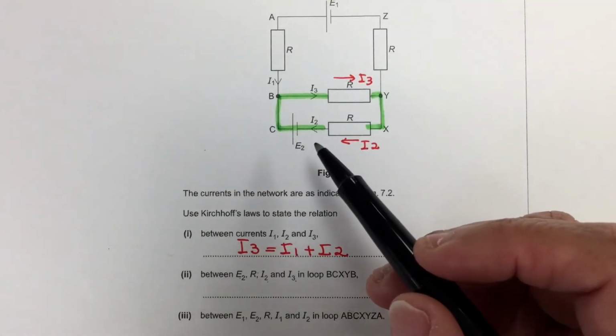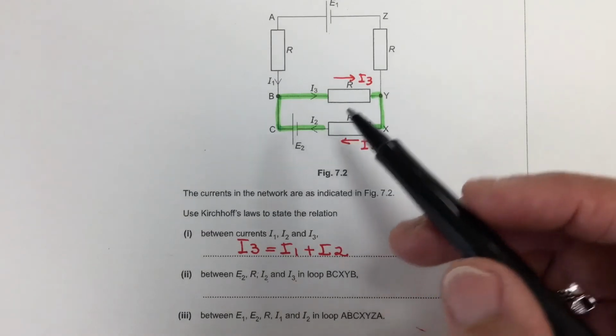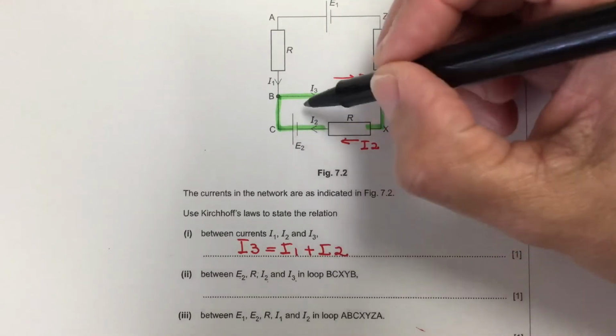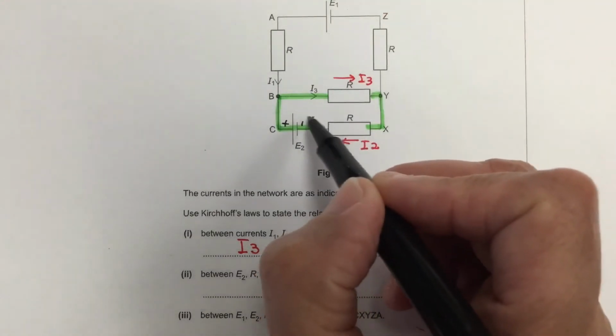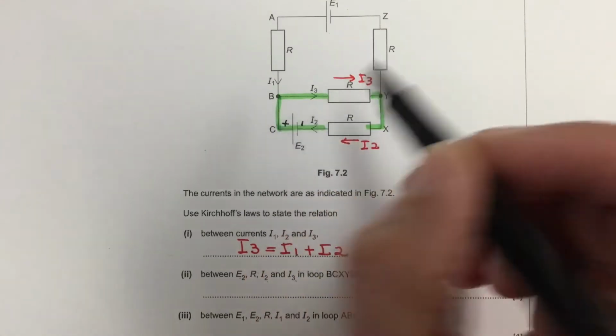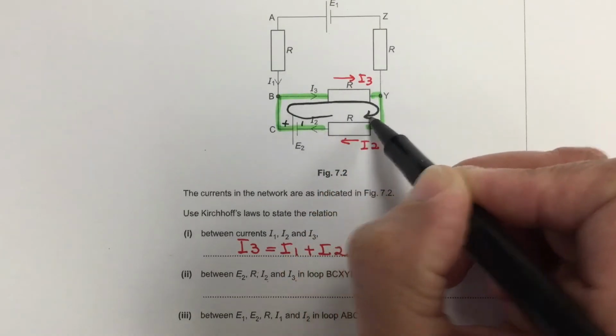Before applying Kirchhoff's second law, we need to determine the path of our loop. In this case, we have this battery to guide us. This is minus, this is plus. So my loop is going from the negative side of the battery to the positive one, like this.